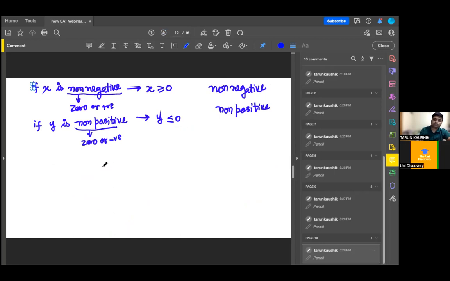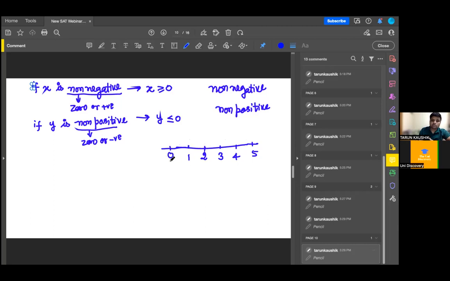Now, we know that on the number line, if we talk about integers, every alternate integer is odd or even. Let's say 2 is even, then the next number 3 is odd, then the next number is even, then odd. Similarly, if we move before 2, I get 1, so even, then odd, and on the left hand side again even.